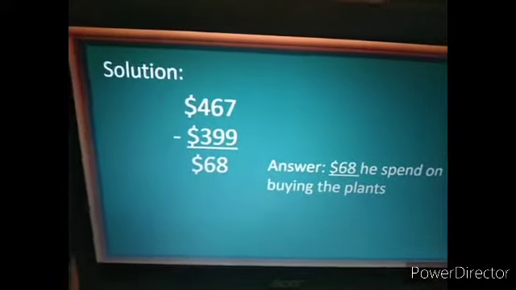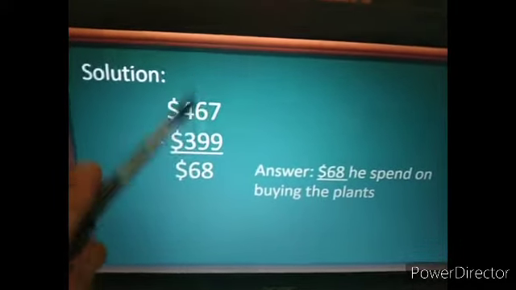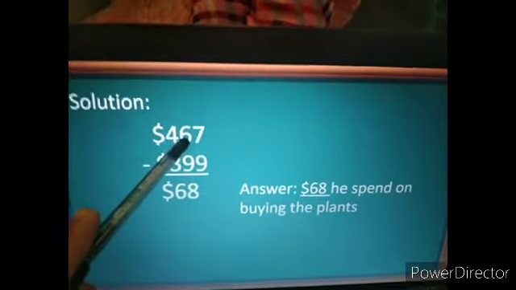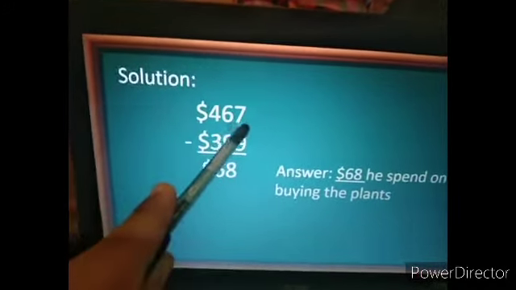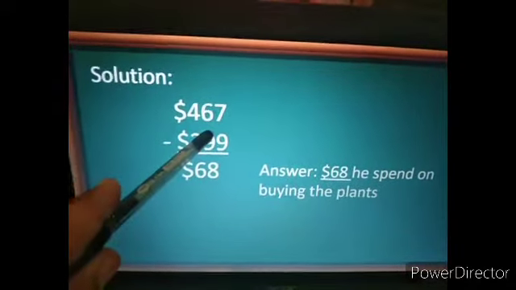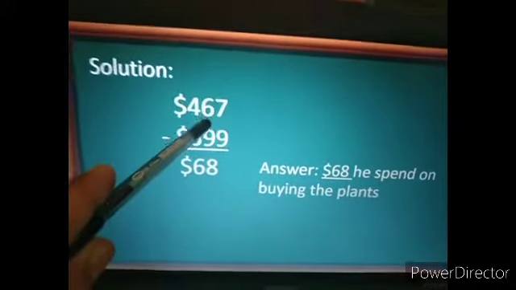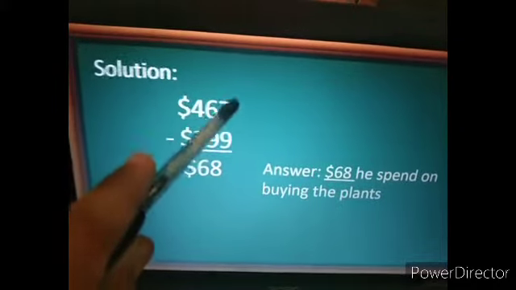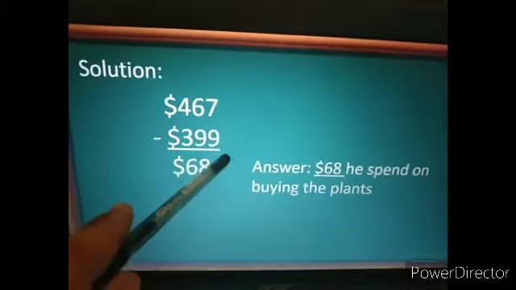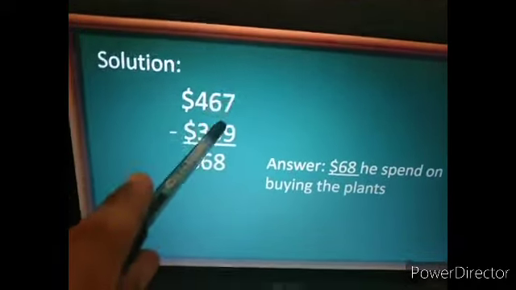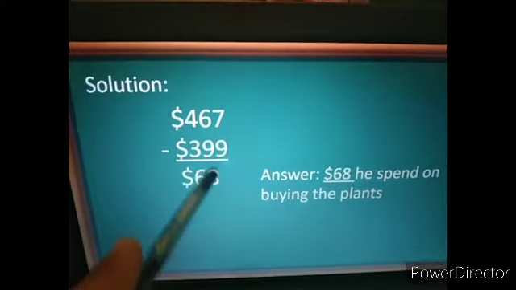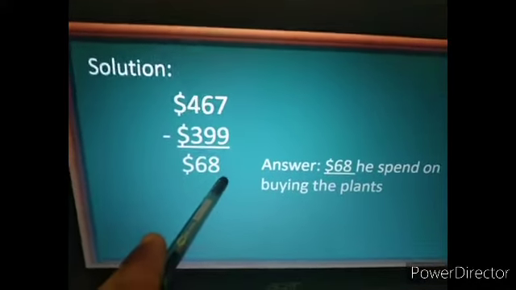So I'm going to give the tens into the ones again. So this 7 is not 7 anymore, it's going to be 17, okay? So 17 minus 9 is equal to 8.